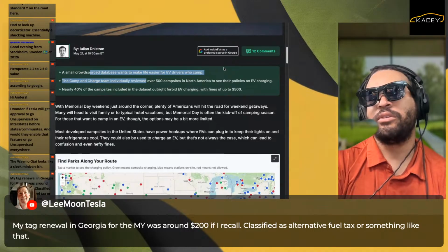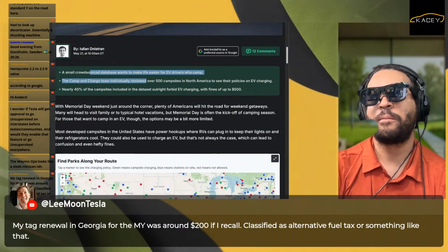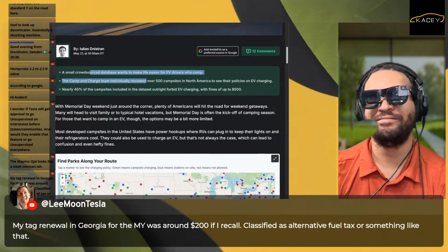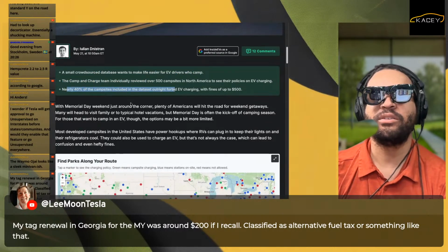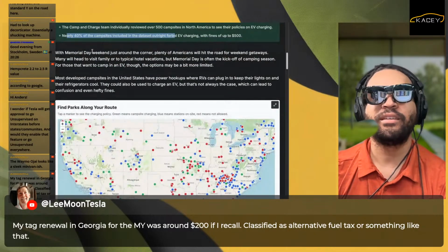See, what I'm wondering here at this point is, just plug in your camper and then plug your EV into the camper. Nearly 40% of these campsites included in the data set outright forbid EV charging with fines of up to $500. Well, $500 a pop, you can fix your electrical system.